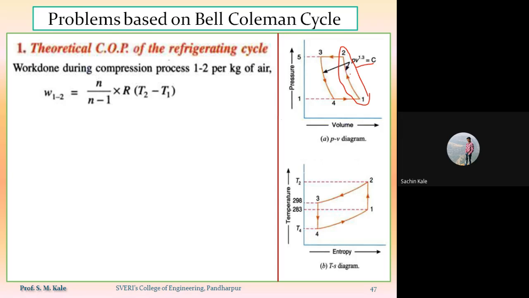First of all, I will calculate the value of work done. Here, by another way, we are calculating the value of COP. By both ways, you are able to calculate the value.